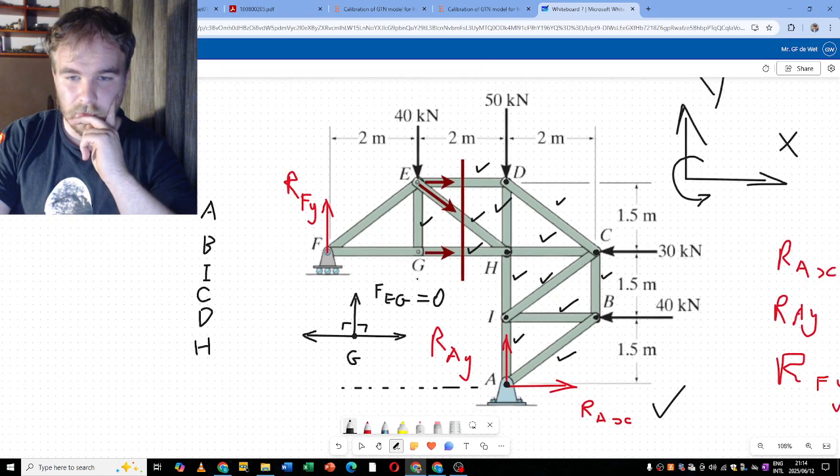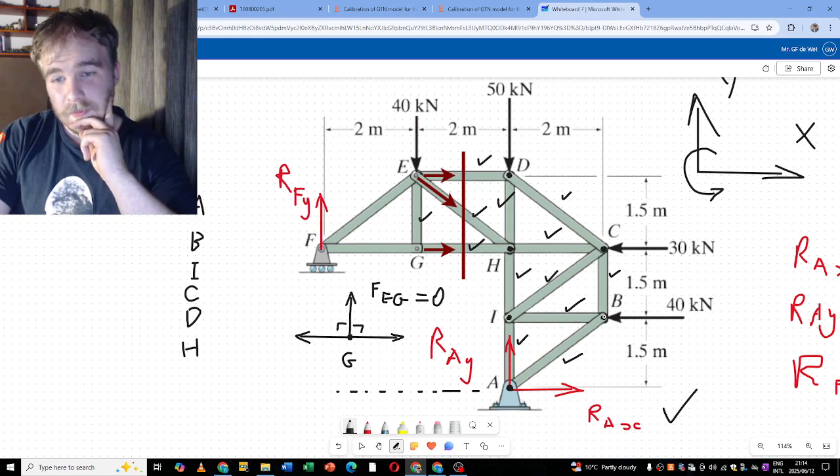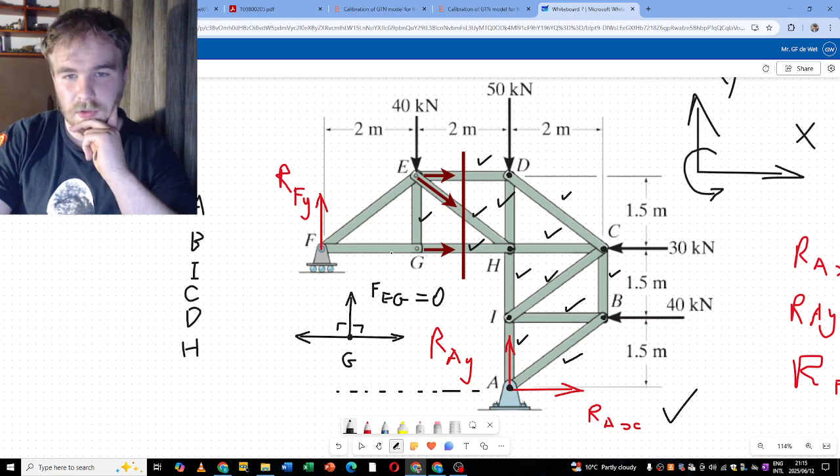Do I have a double force somewhere? Hmm. 1, 2, 3, 4, 5, 6, 7, 8, 9, 10, 11, 12, 13, 14, 15. No, I have 15. So then why did I only count 12? I counted 12 tick marks. This is 5 here. 6, 7, 8, 9, 10, 11, 12, 13. Okay, now there is 13.